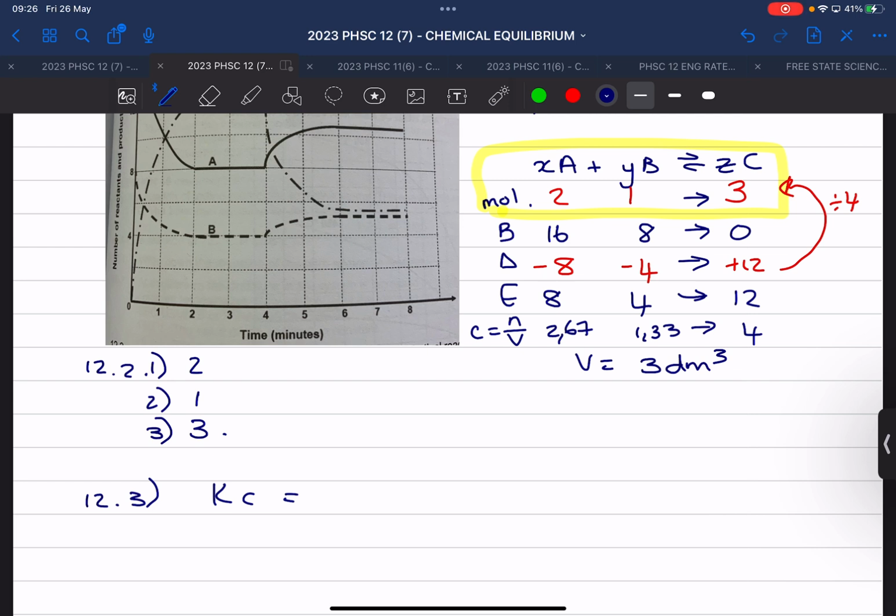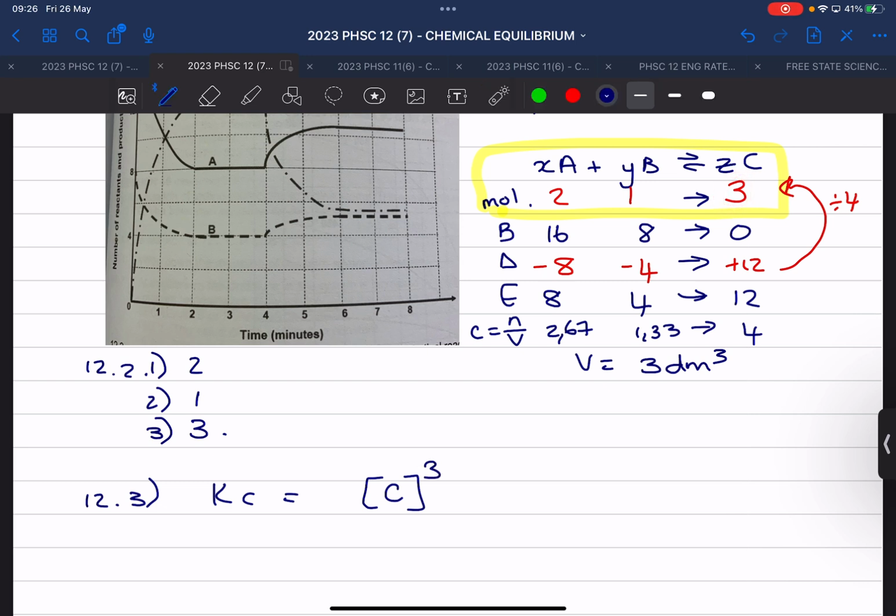It's square bracket. Just C. But where does the Z go? It's to the power of Z. And what is Z? We just got Z to be 3. So it's to the power of 3.